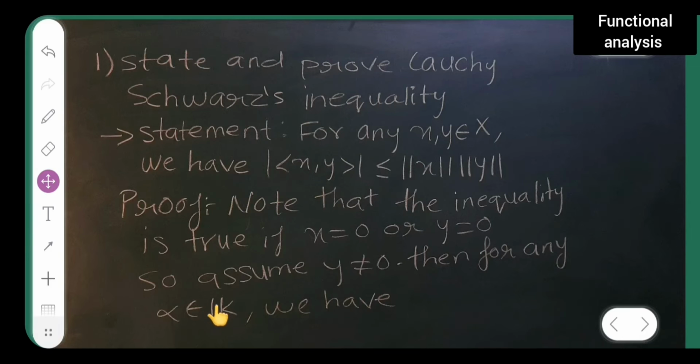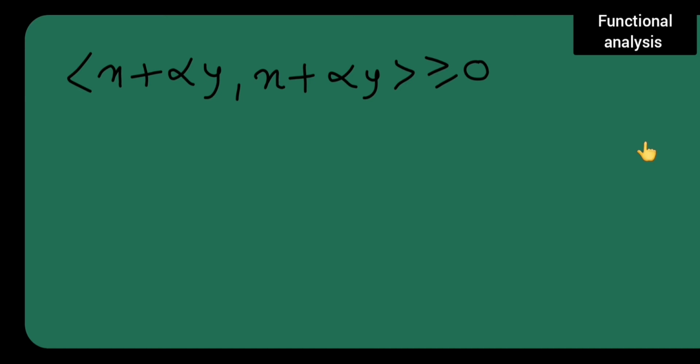Then for any alpha belonging to K we have, let me do it on the next page, inner product of x plus alpha y comma x plus alpha y is greater than or equal to 0.